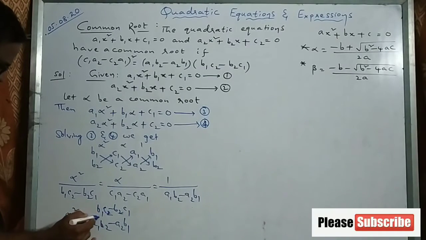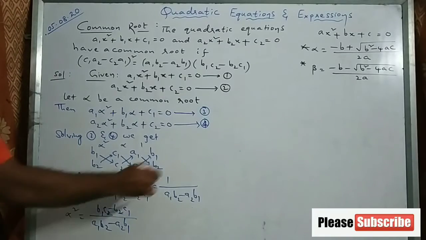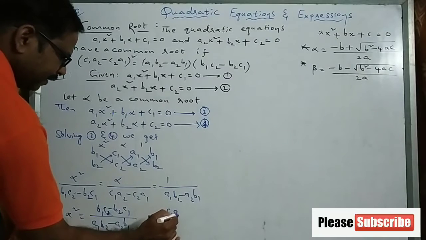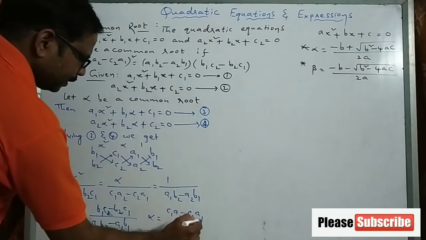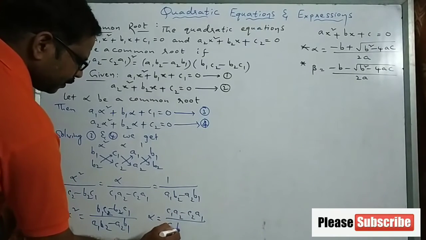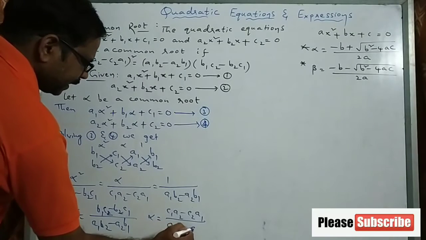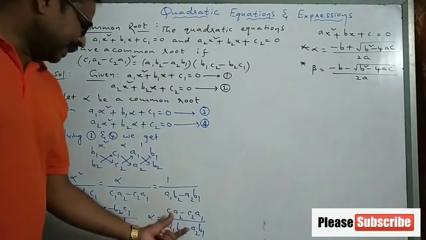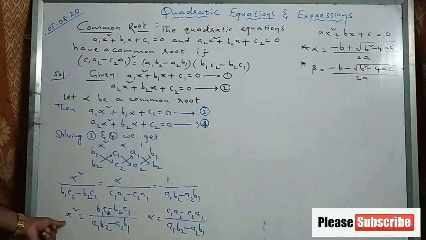And alpha equal to what will you get? c1a2 minus c2a1 by a1b2 minus a2b1. Okay. Now this alpha value you can put in this equation, right? Alpha square is there, no?